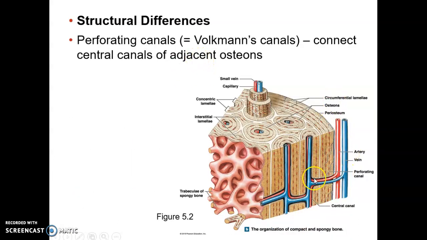And connecting adjoining individual osteons, because they all need a blood supply, are what are called perforating canals, also called Volkmann's canals. So they connect the central canals of adjacent osteons, ultimately to the blood supply that's coming into the bones.